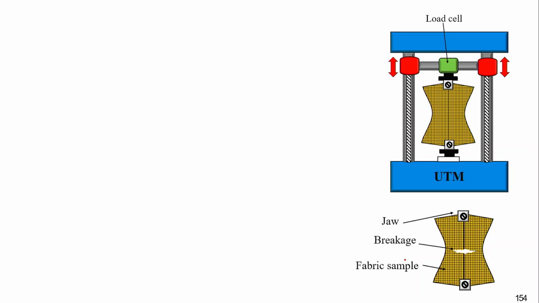In most applications we do not actually face the problem where the fabric is gripped in the entire width, but we use a loading pattern where the fabric is gripped at the center of the material, not across the whole width. This is known as the grab test.